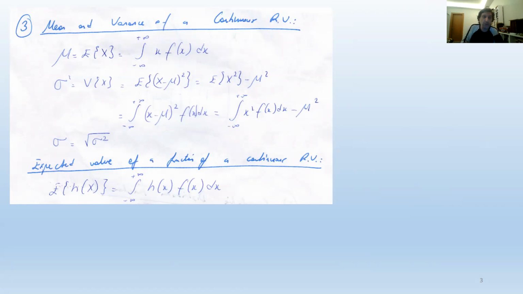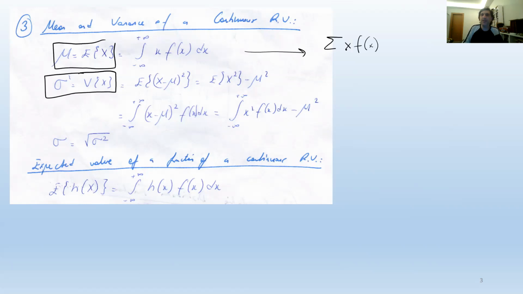And those were actually mean and variance. Mean is expected value, and variance is what we call sigma square. Remember, in discrete random variables, we use this formulation: weighting of x, the position of each x, with respect to its probability mass function.